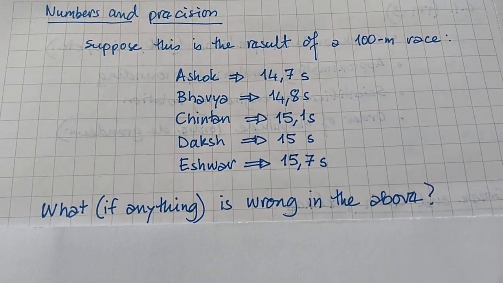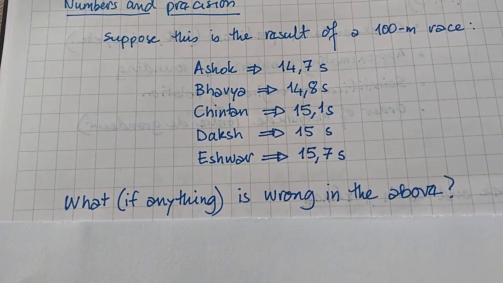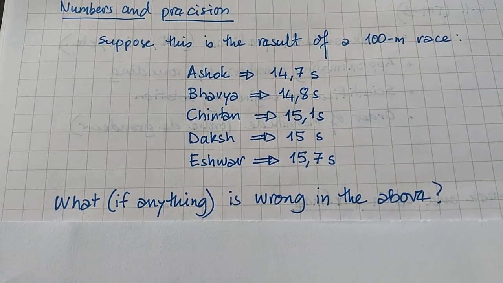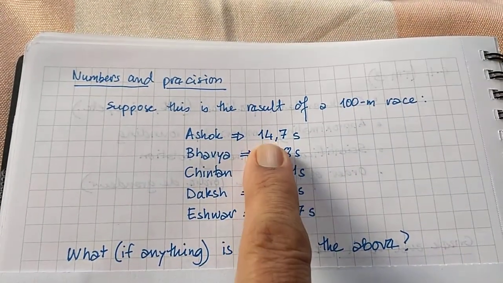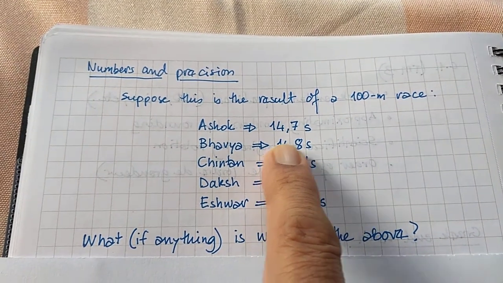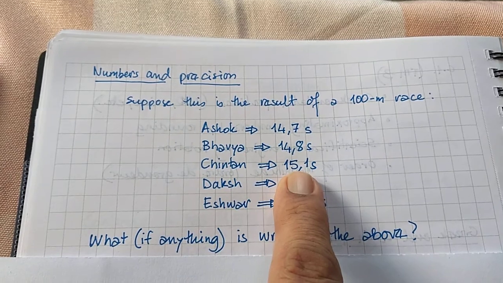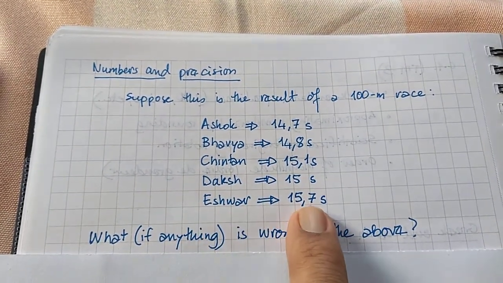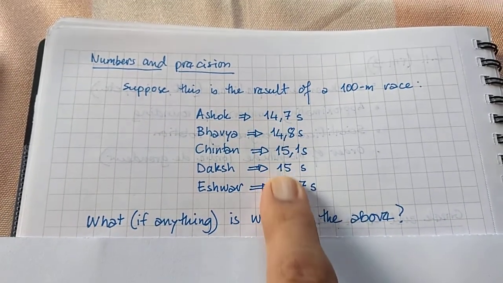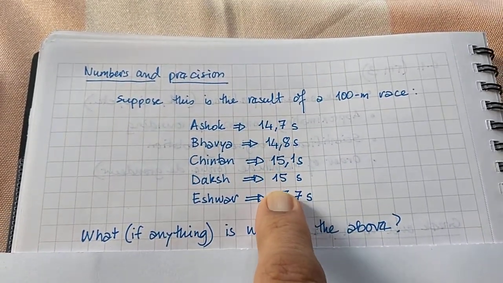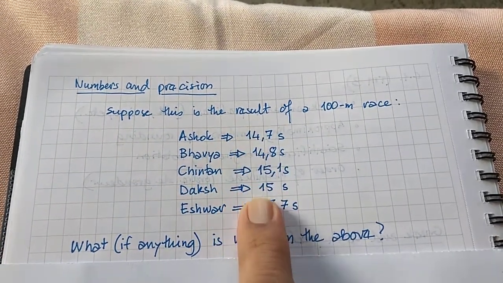So if you heard that at the sports ground, what, if anything, would you think is wrong with that? Ashok 14.7, Bhavya 14.8, Chintan 15.1, Daksh 15, Ishwar 15.7. What strikes you as unusual in these results?